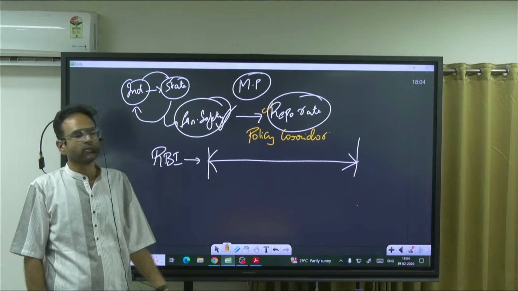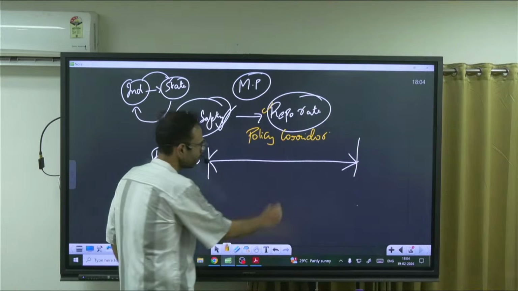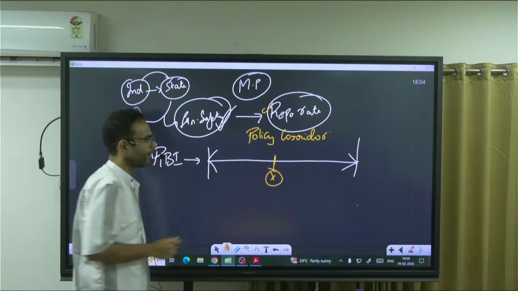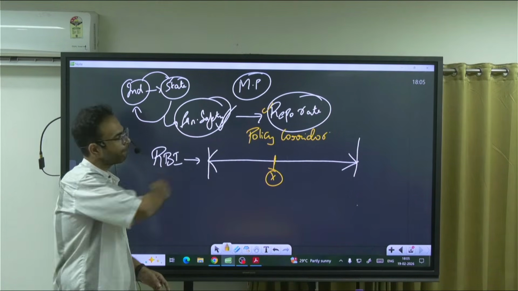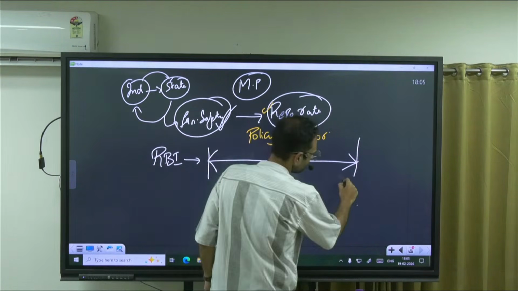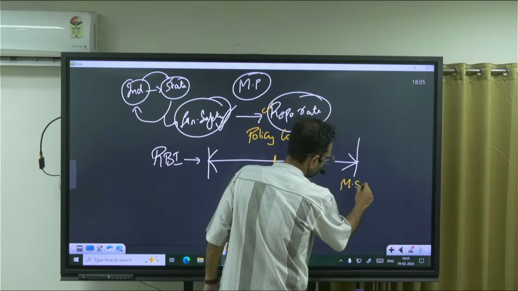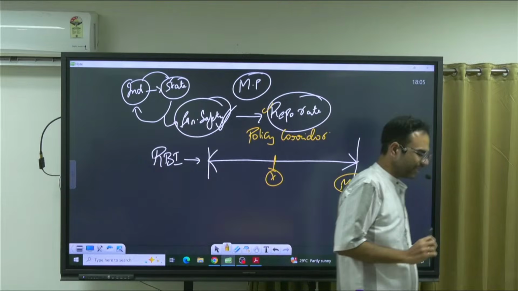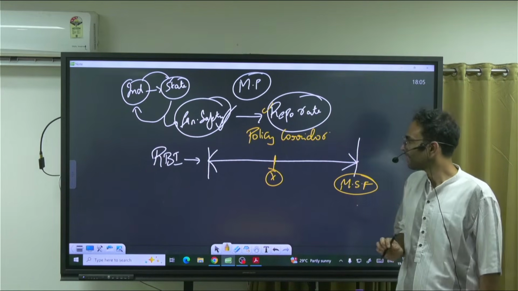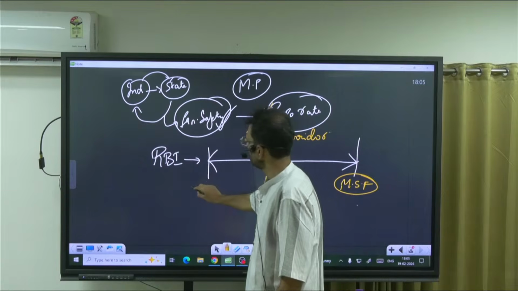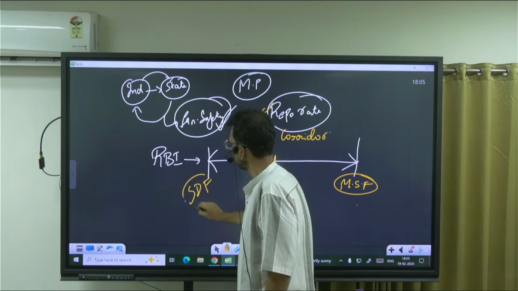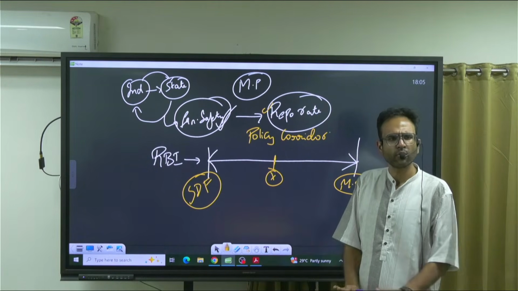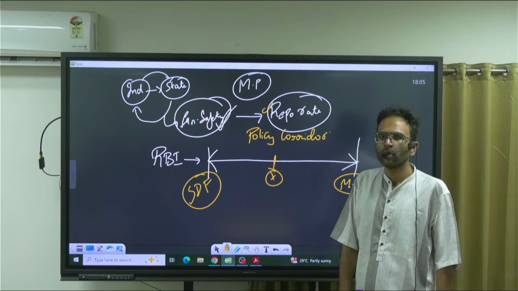Okay. So if, let's say, for example, this basis, let's call it X. If X is the repo rate, the upper end of the spectrum, marginal standing facility, is one end and the other one is SDF, standing deposit facility. I hope you know these basics. Okay.